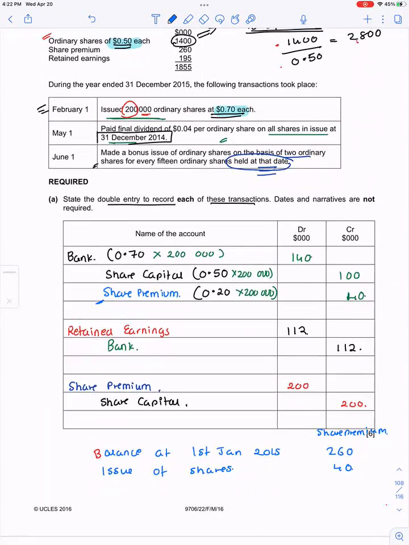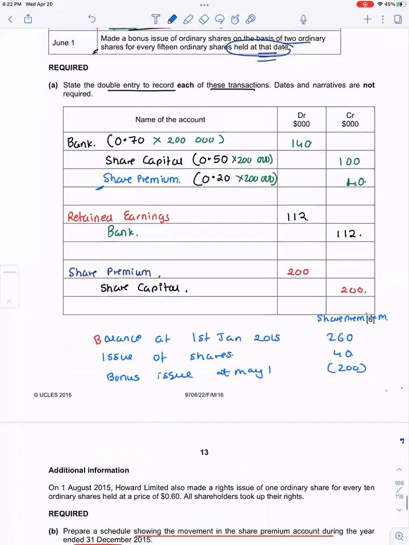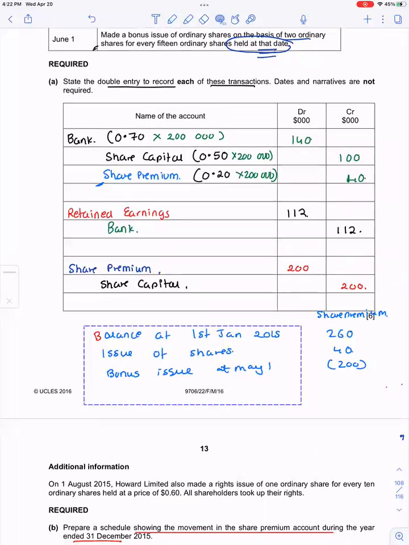Then you did bonus issue. Bonus issue at May 1. So this is going to reduce the share premium. Are you all with me?